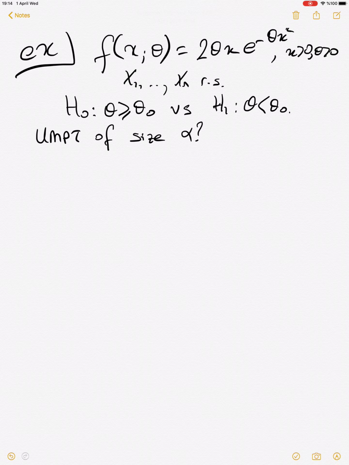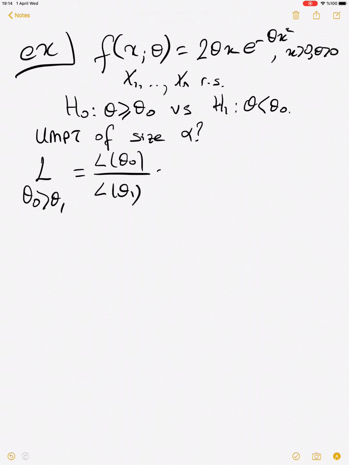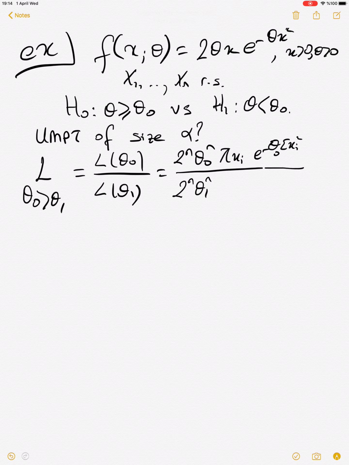First of all, we have to find the likelihood function under the condition that theta 0 greater than theta 1. So L theta 0 over L theta 1. This part is the same. So we had 2 theta 0 to the n multiplication of xi, e to the minus theta 0 summation xi square, divided by 2 theta 1 to the n multiplication of xi, e to the minus theta 1 summation xi square.